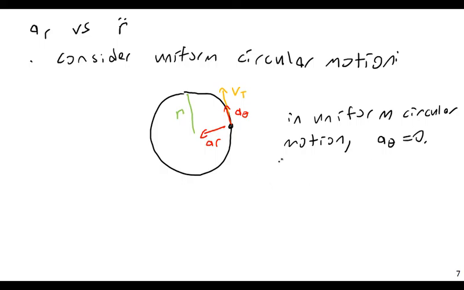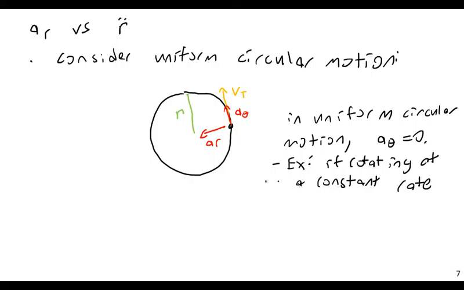In other words, it's not accelerating in the transverse direction, especially if rotating at a constant rate. At a constant rate, it would have angular velocity, but not angular acceleration. However, in uniform circular motion, this would still have a centripetal or a radial acceleration.